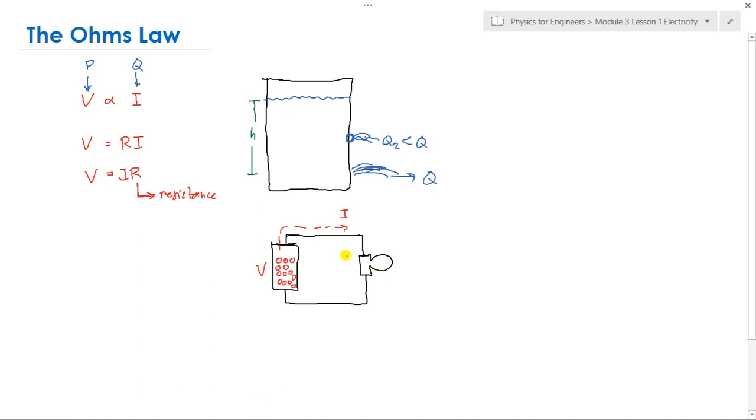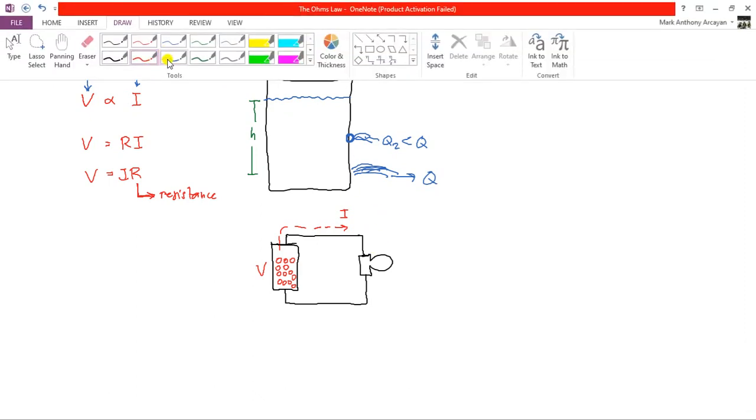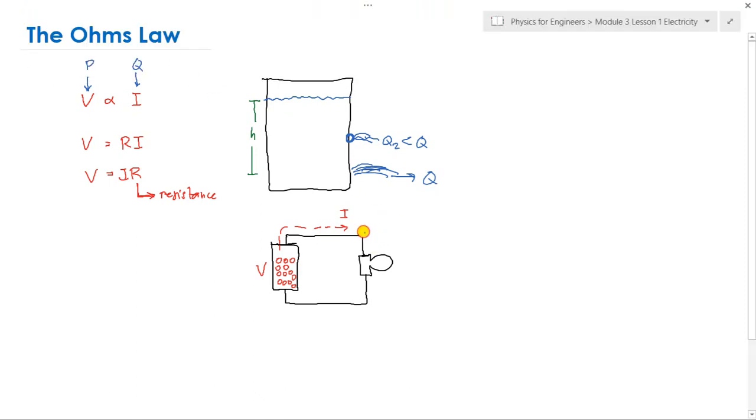Of course, in reality, this is our connecting wire and this is our bulb. In reality, the charge does not flow 100% immediately from the battery to the bulb. There is resistance in the wire, meaning it restricts the flow.